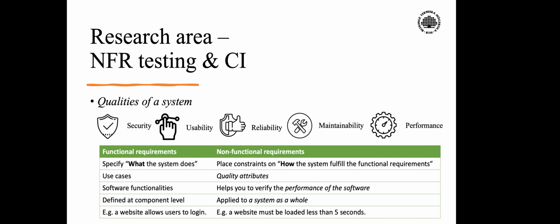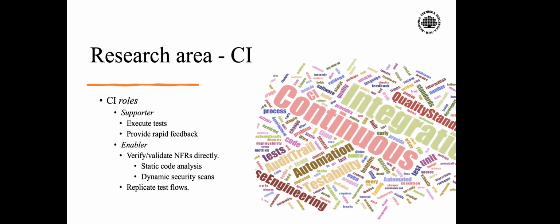So why do we introduce CI for NFR testing? Because CI is good at integrating software and evaluating the quality attributes by using integrated tools or plugins, which can prevent errors slipping through the development stage to later. Potentially it could save cost.